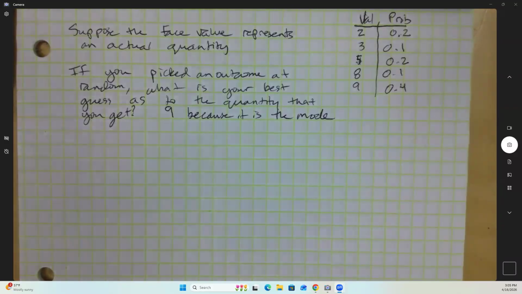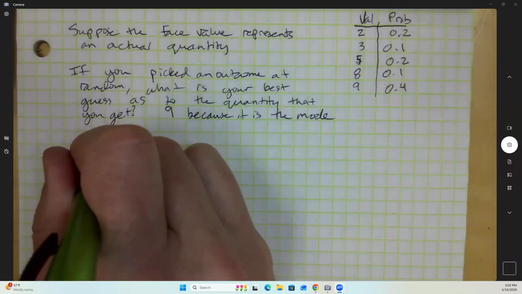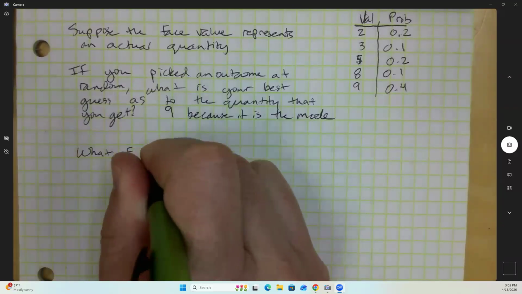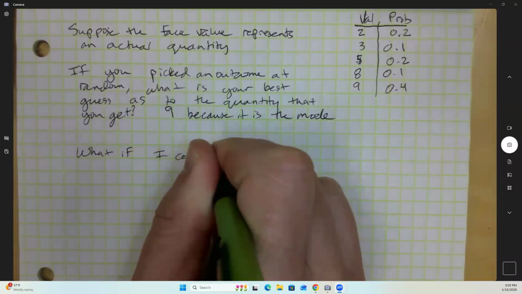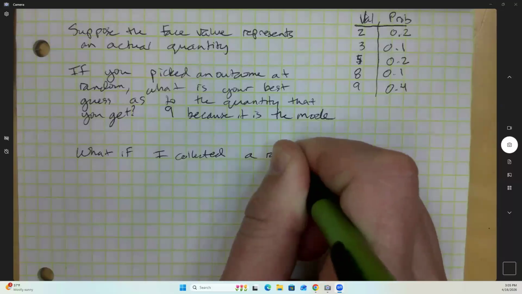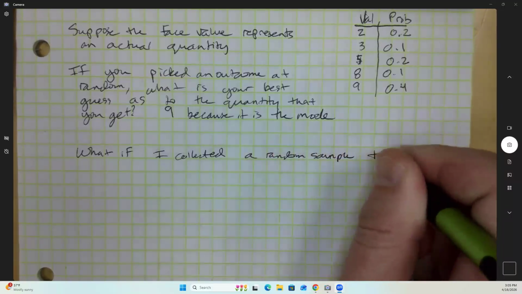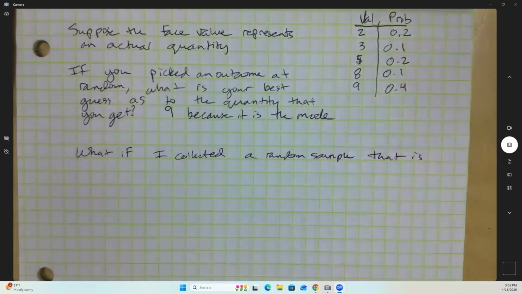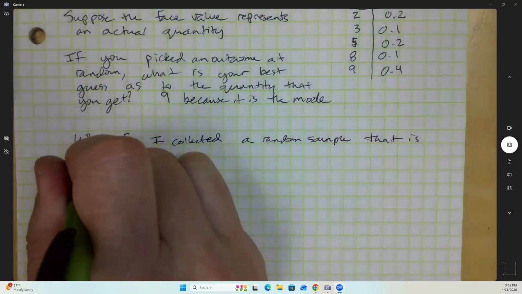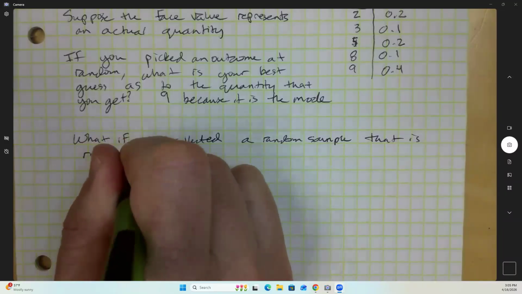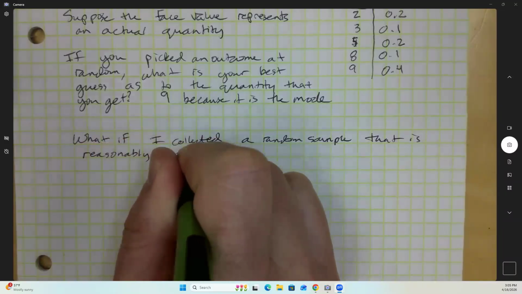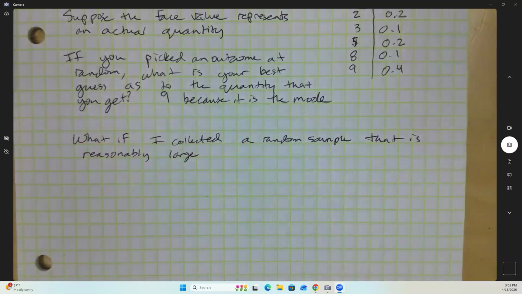What would be a better question would be, what if I collected a random sample that is reasonably large? What's a good size for something that's reasonably large in statistics?